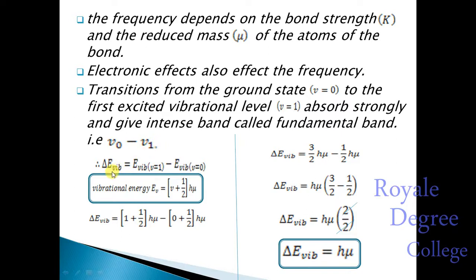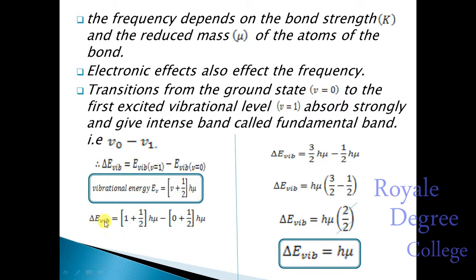Therefore, delta E vibration, that is the change in vibrational energy, is equal to the vibrational energy in the first excited state minus the vibrational energy in the ground state. So we are subtracting. The vibrational energy EV is equal to (V plus half) h mu. It is the formula which we are using here.